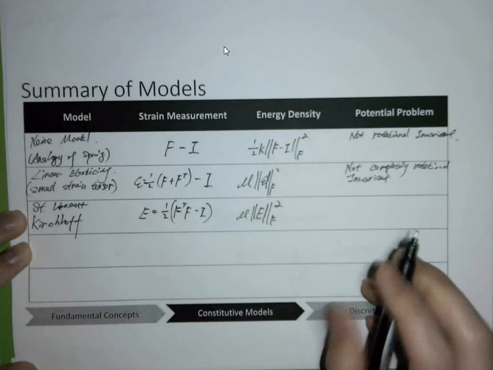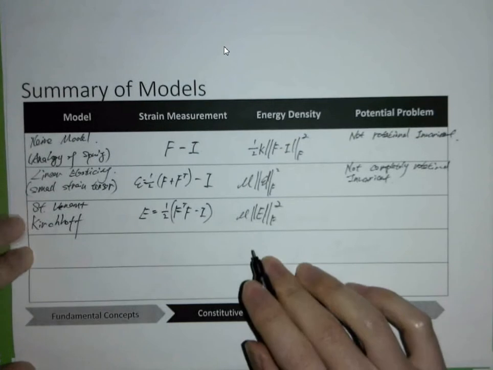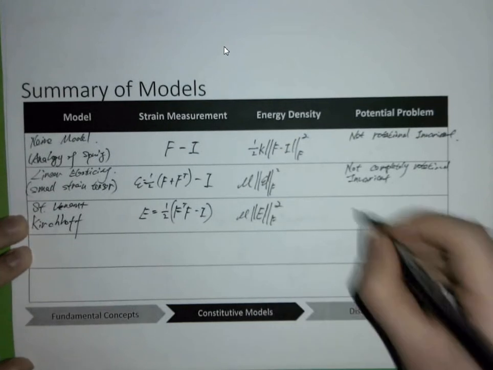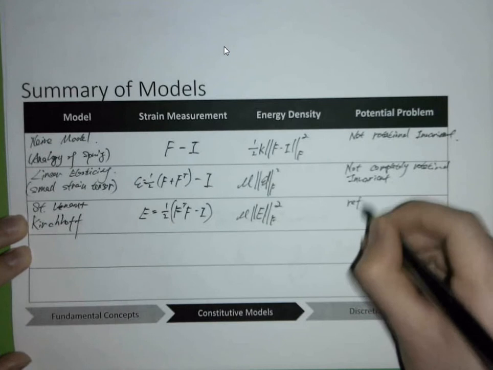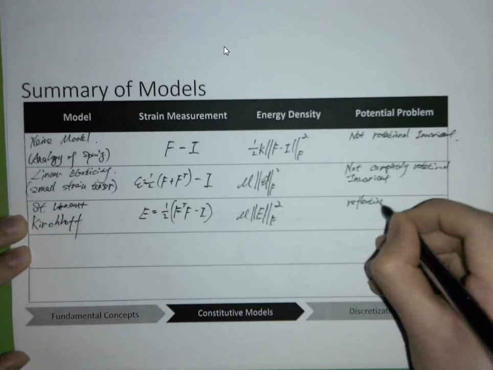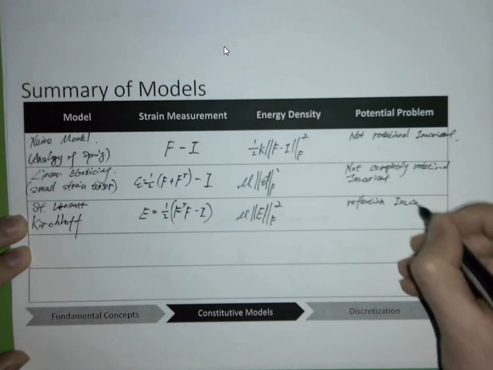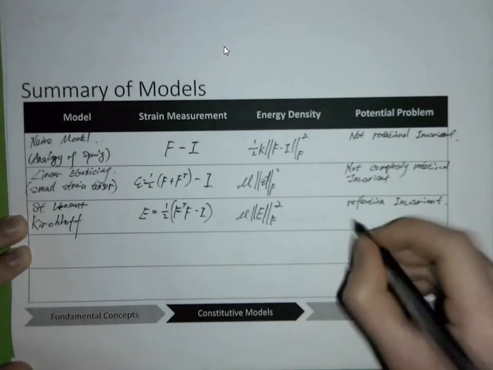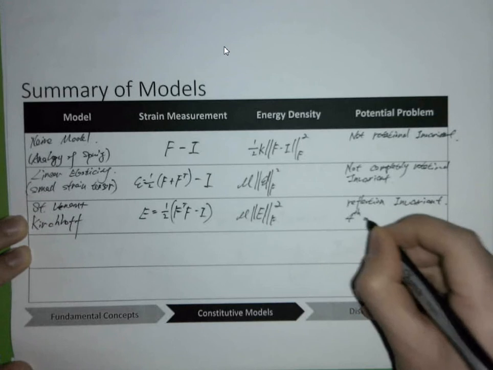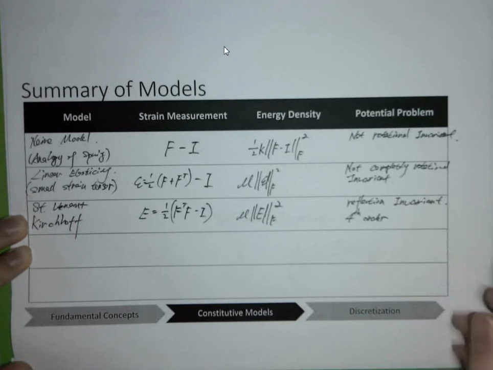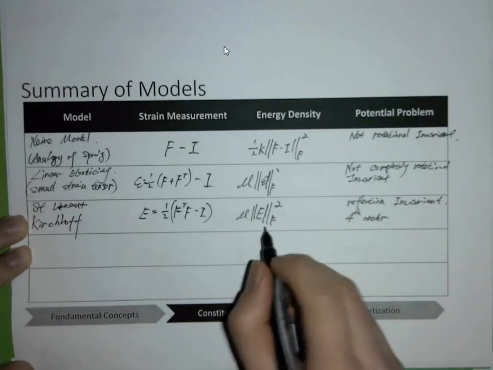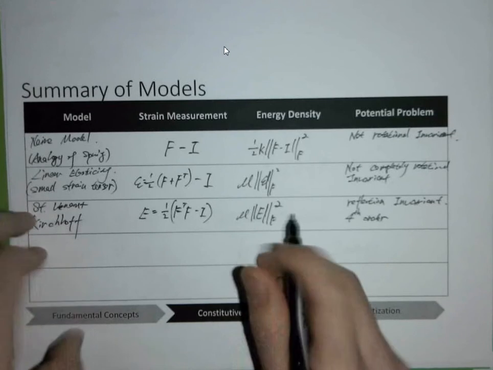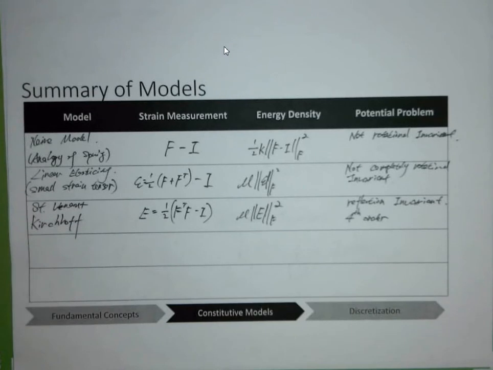We know there are several bad things about this model. This one is reflection invariant, which is not very good. And also, this one is a fourth order polynomial, so it has multiple local minimums. When you're running optimization on this energy, it might get you to a bad state. When you compress the material too much, it will collapse into a point.